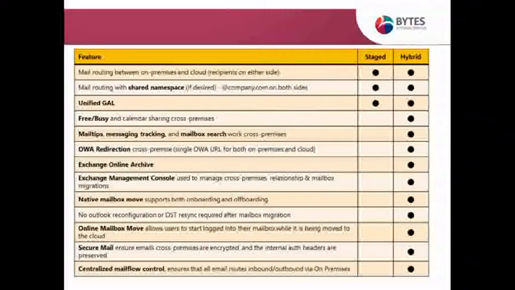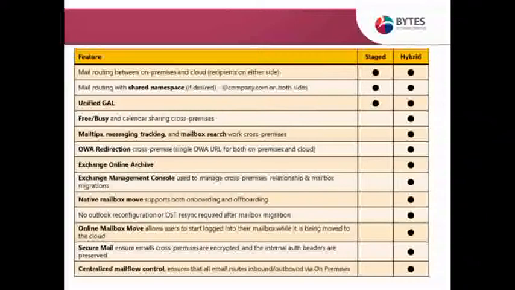So for larger companies, you might want to share, and probably actually this is the biggest reason that most companies want it, is that they need to be able to share FreeBusy, so availability information, and calendaring across premises. So you might want to share a calendar with someone that's been migrated with a person that's not been migrated. Mail tips, message tracking, and mailbox search.